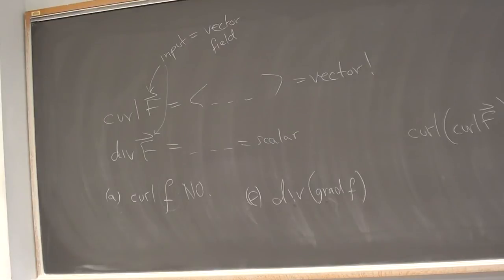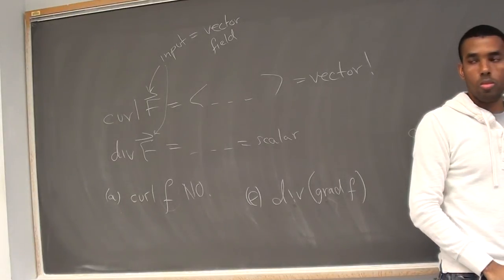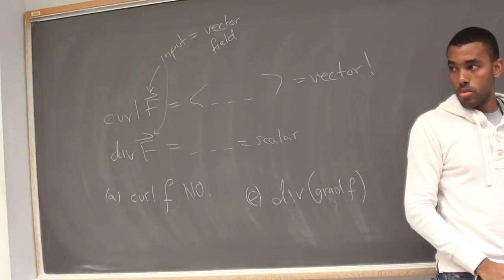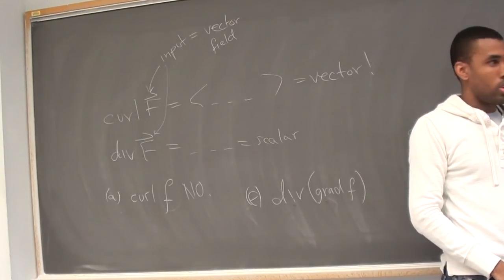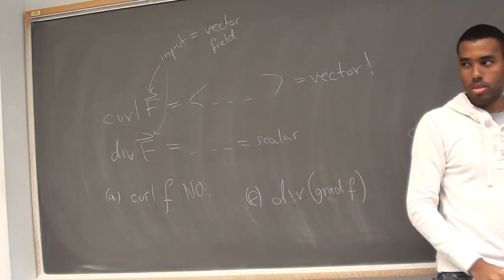If your f is some function of x and y, then your gradient is the partials. You cannot take the gradient of a vector field. I saw in the textbook they were doing del squared and it was applicable to a vector field, like component-wise. That's a different thing. Here you don't.